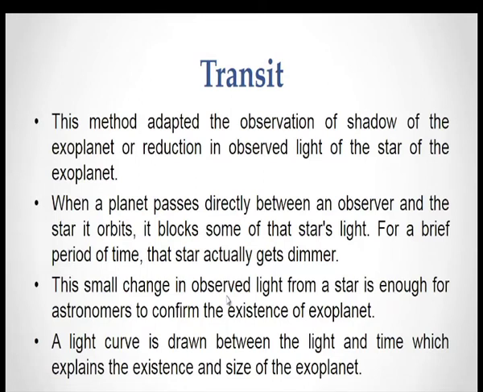This method adopts the observation of the shadow of the exoplanet, or reduction in observed light of the star. We know when the exoplanet moves in front of the star, the light will be partially eclipsed or fully eclipsed or 3/4 eclipsed based on the size of the planet.